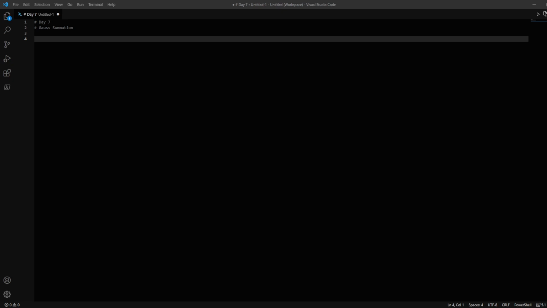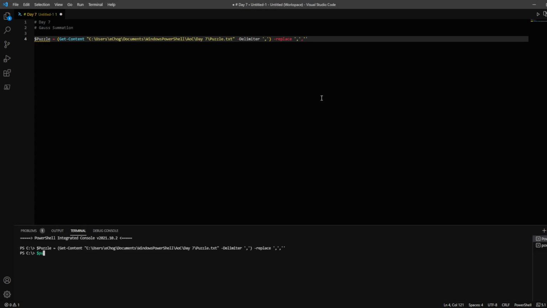So let's pull in the puzzle. If we look at the puzzle, we've got all sorts of crabs in all sorts of positions. From this, we only need to know 2 things: what the crab is in the lowest numbered position, and what the crab is in the highest numbered position, because that's going to give us our number range on where they can move.